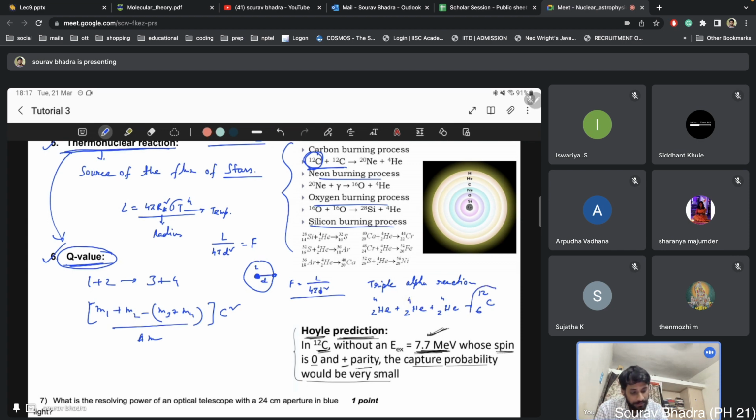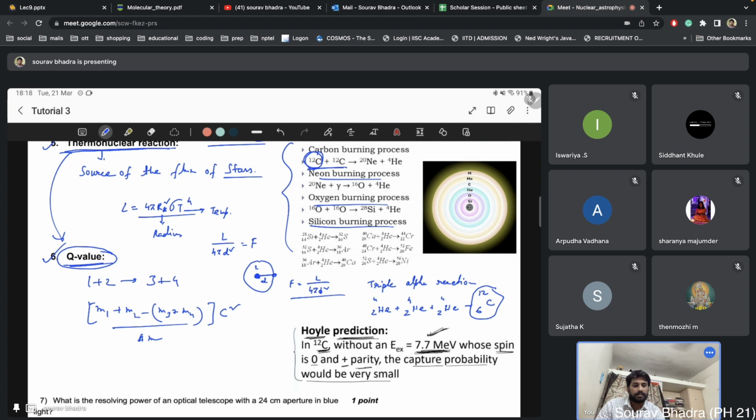By that reaction, carbon 12 forms, but the point is that the probability of this triple alpha reaction is very low. Before Hoyle, some people calculated the probability of this particular reaction, and found that it is so low that it cannot explain the observed abundance of carbon 12.